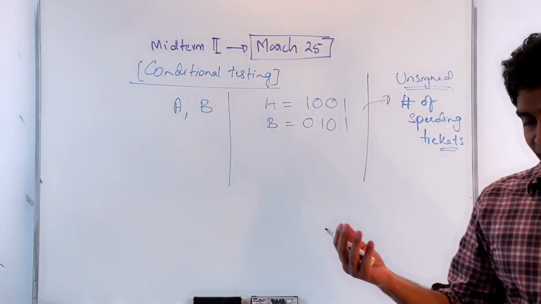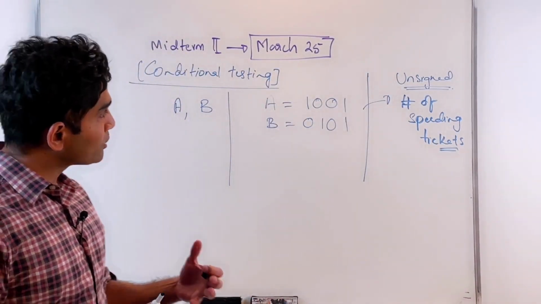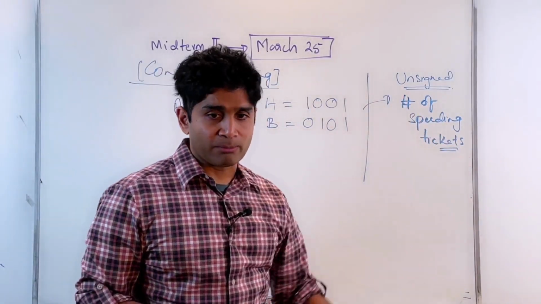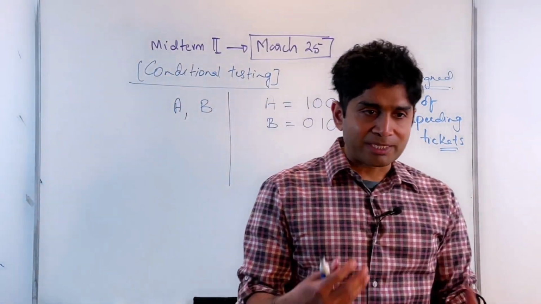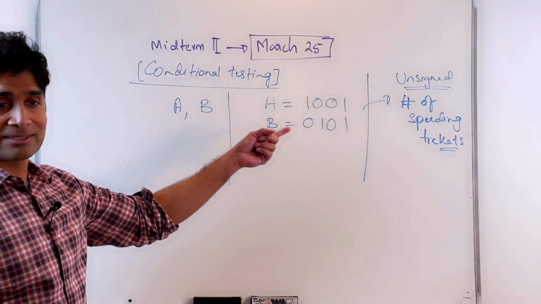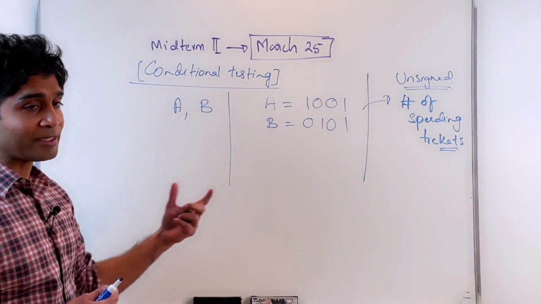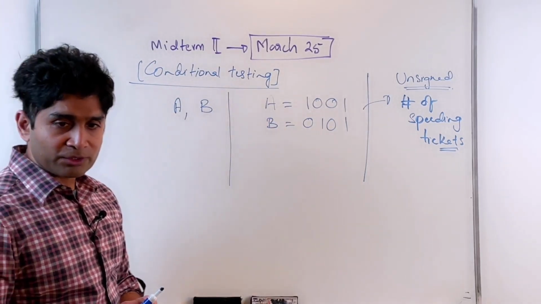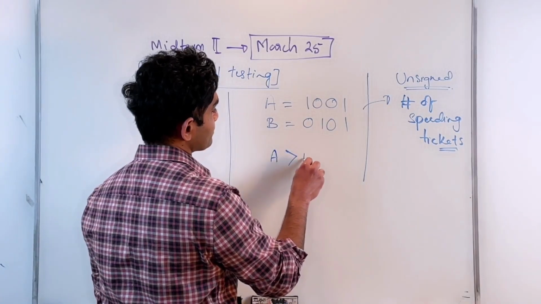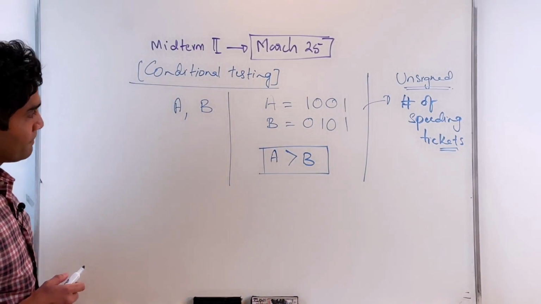It's positive. You cannot have a negative number of speeding tickets. So I know that's positive, unsigned data, and I don't have to worry about the sign. Just by looking at these numbers, because I'm the one assigning the value to them, I know exactly which number is larger. In this case, A is larger than B.